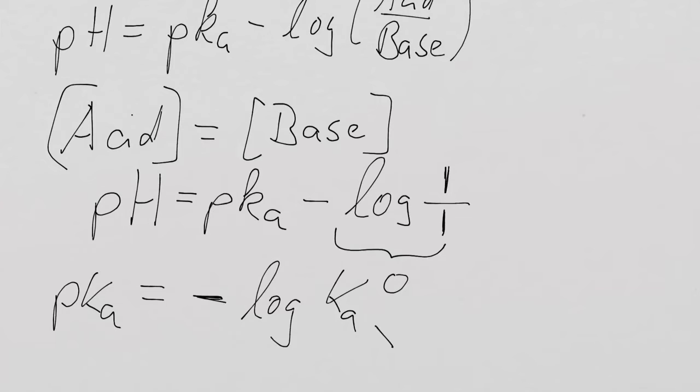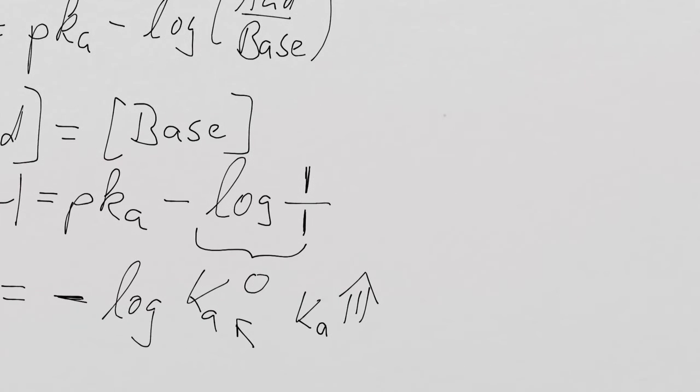And we said if we have a high Ka, we have a low pKa. A high Ka means lots of it is dissociated. So high Ka is a strong acid, and high Ka means low pKa.